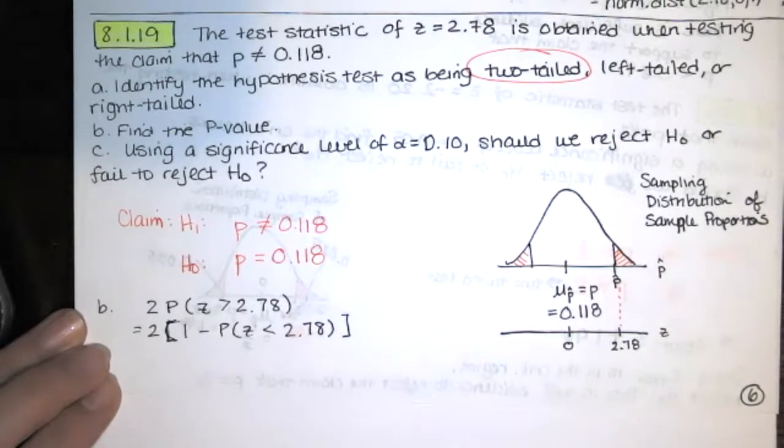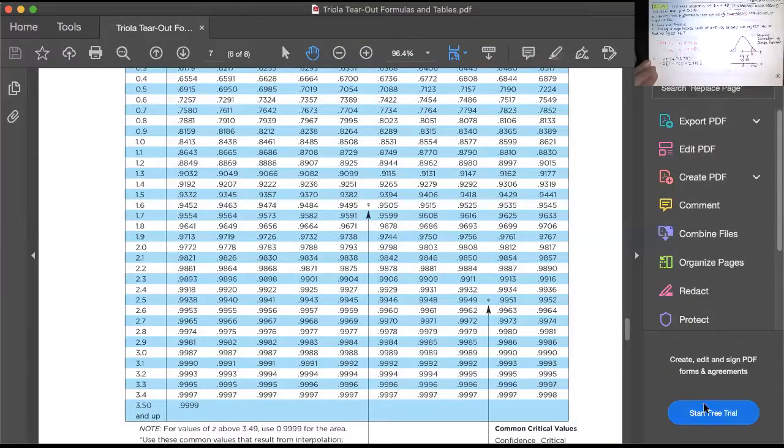Now this we can find in our table, so I will show you my table now. P of z equals 2.78, that's right here. That's what I want. So I go down to z equals 2.7, and then I go over 8. So I go 2.70, 2.71, 2.72, 2.73, 2.74, 2.75, 2.76, 2.77, and finally 2.78.